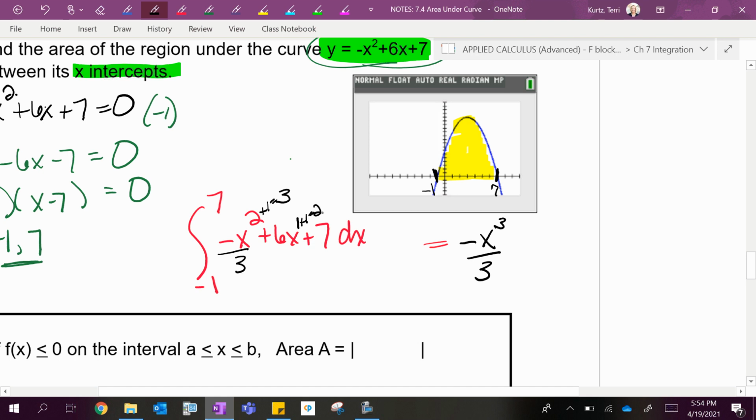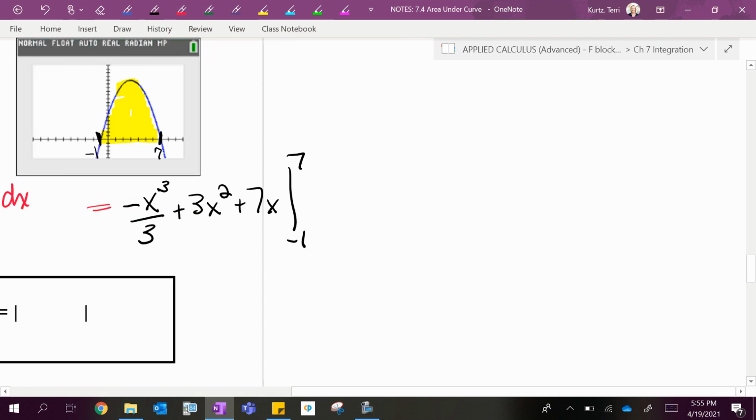I add 1 here, I get 2, I divide by 2, so plus 3x squared plus 7x. And again, I'm going to evaluate that from -1 to 7. Okay, so I'm going to find f at 7, subtracted from f at -1.